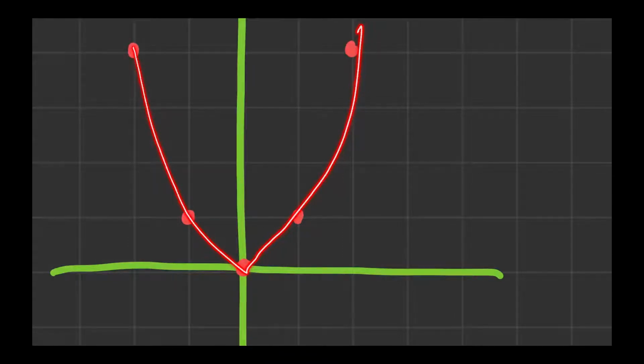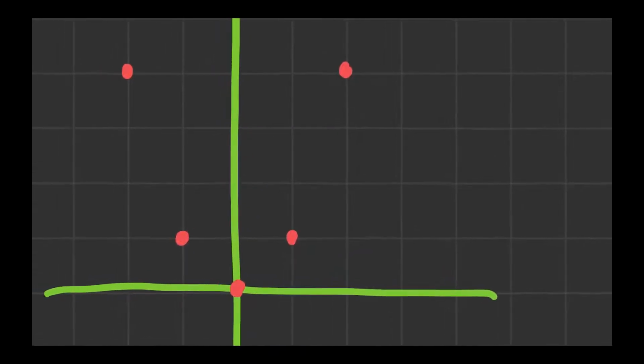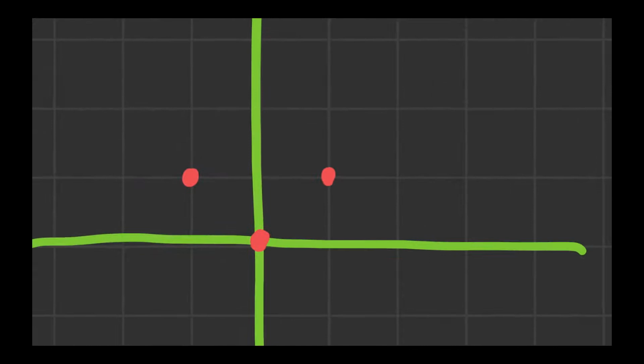It seems kind of like a silly thing to be concerned about, but in calculus in particular, we really want to know about functions that are pointy like this and functions that are smooth like that. It is really important that at this point right here, the function is actually flat.